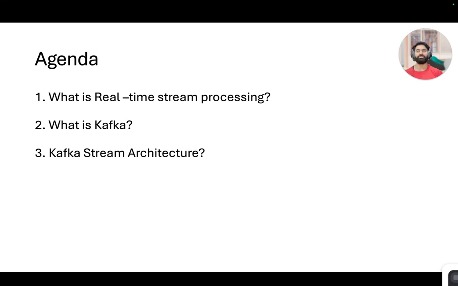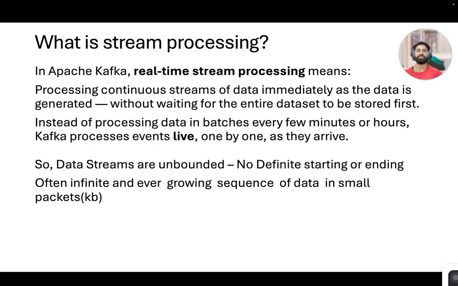So, without much delay, let's start with the very first question: what is real-time stream processing? I guess you already have some idea about it, but to cement the idea in your brain, let's quickly highlight a few things. In Apache Kafka, real-time stream processing means processing continuous streams of data immediately as the data is generated, without waiting for the entire data set to be stored first.